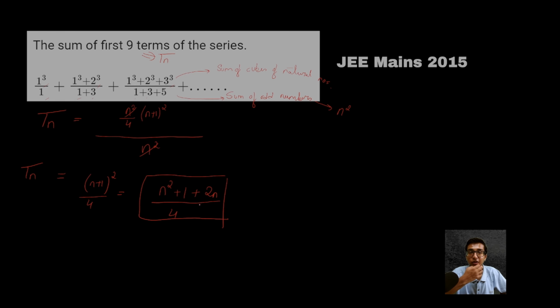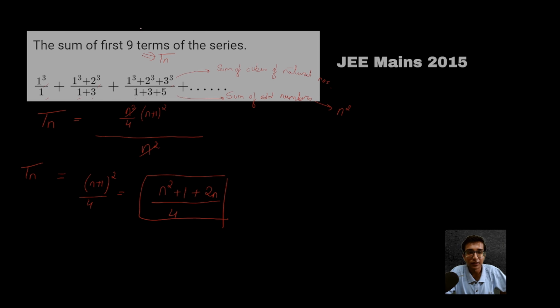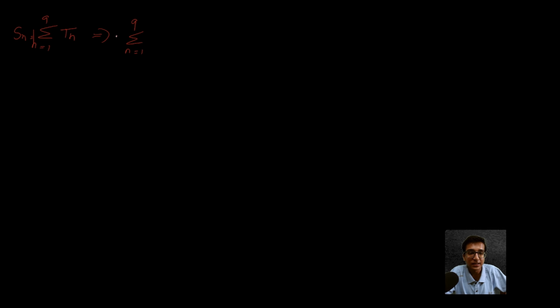Now we have to find out the sum of first 9 terms of this series. So we can simply write this down as summation n is equal to 1 up till 9 of tn. This way we could get the summation of this series. Let's take 1 by 4 outside, which is common.